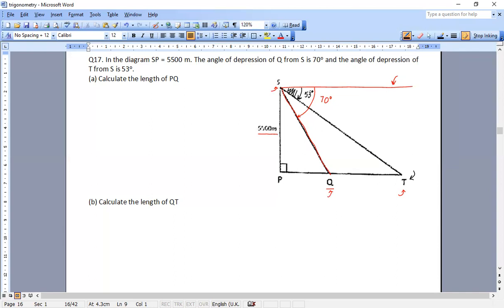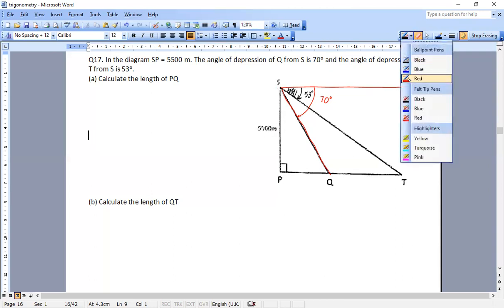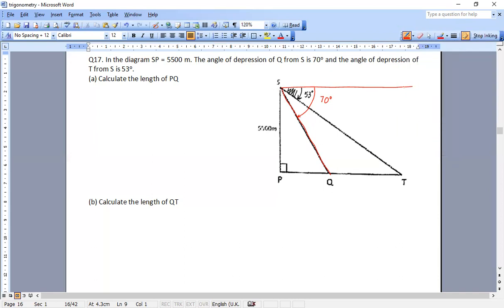First thing, let's be very clear about the angle of depression. What is the angle of depression? How do we measure it? From which line do we start measuring it? These things should be very clear. Now if I look at the angle of depression of Q from S, the angle is between these two lines.